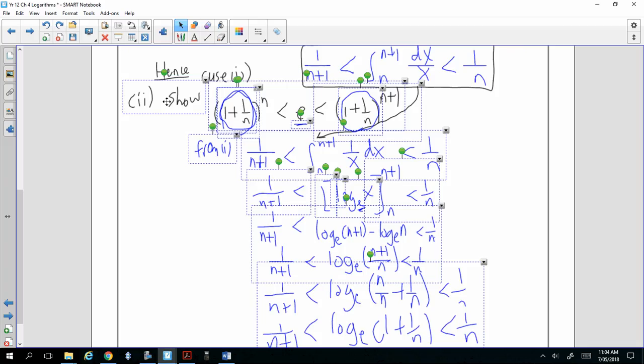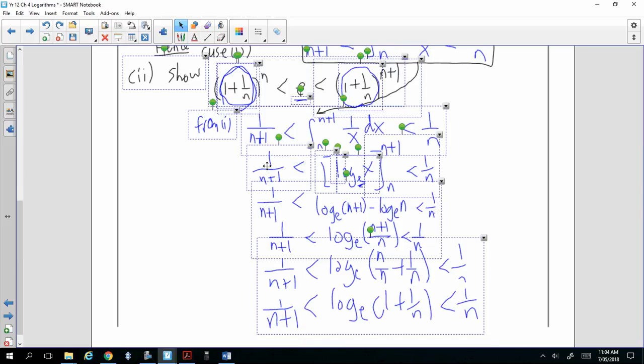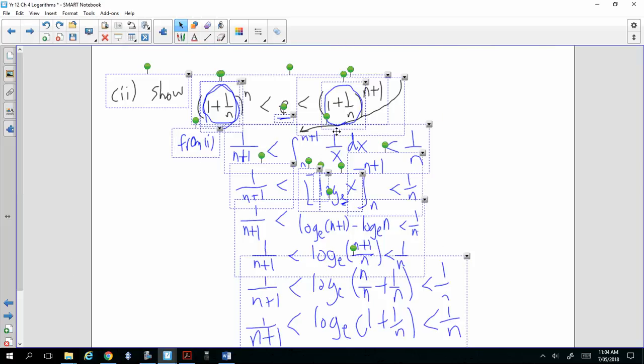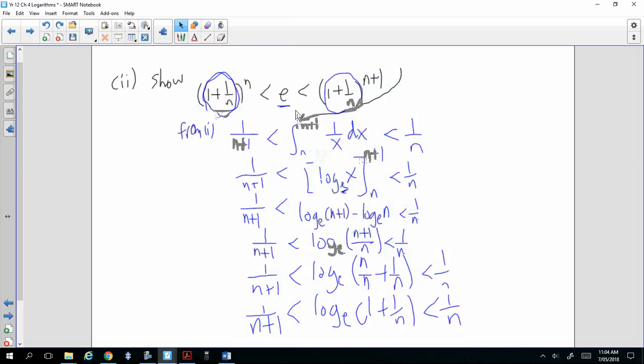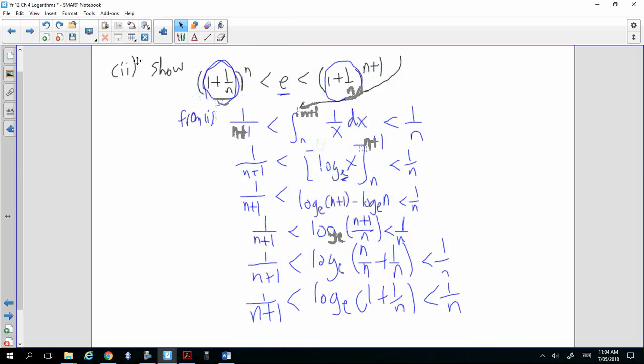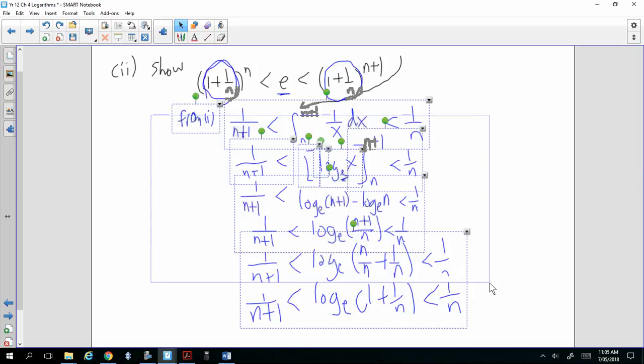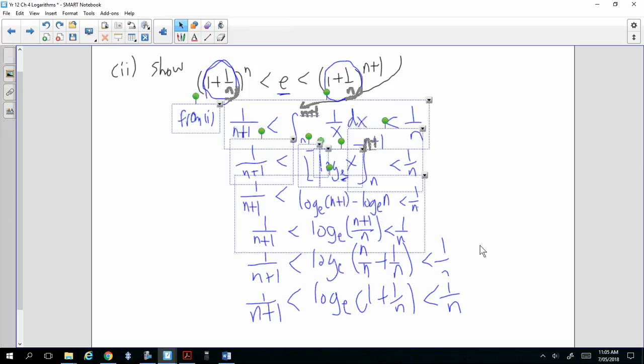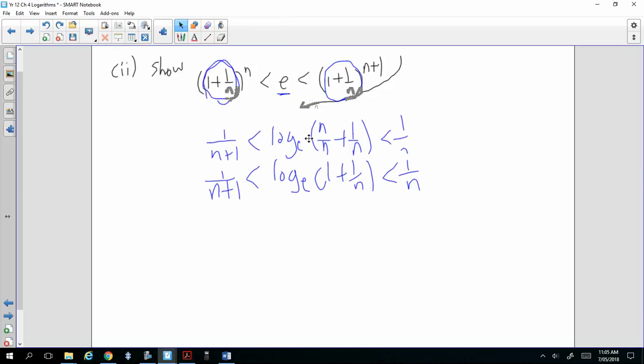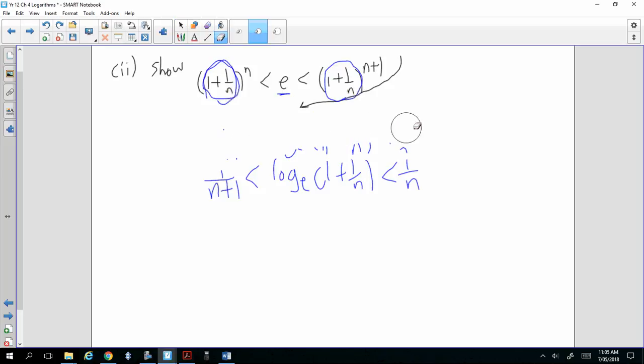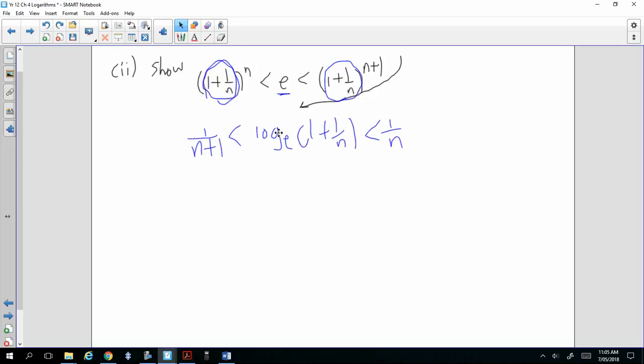I don't need everything, so I just have this on top and delete this bit. Okay, so that's what we got so far. We're going to continue. Alright, so what we do is, we're going to split into 2 parts. We're going to write this thing here.